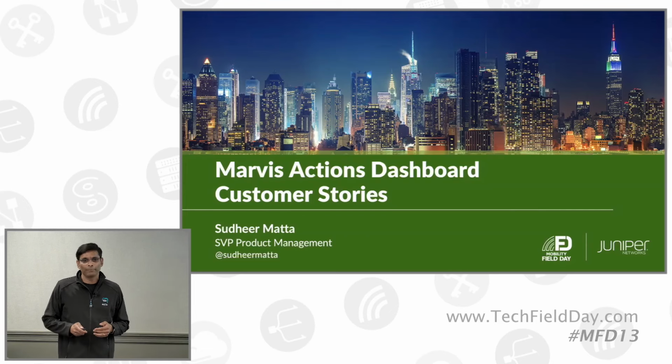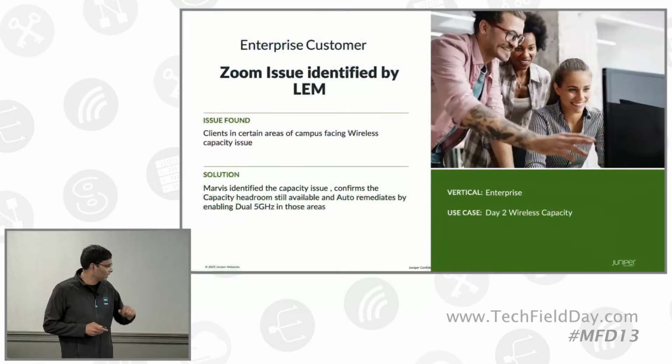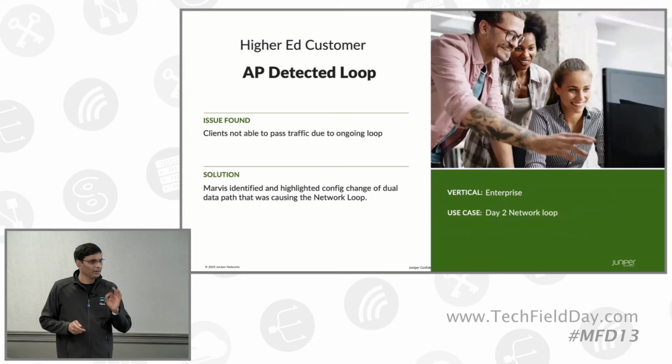And so, for all of the Marvis things that you've seen today, our focus has been around how do we deliver a customer experience enabler? How do we enable a better customer experience? Take the entire Marvis session. The summary of it for us is happy customers, and that's across verticals.